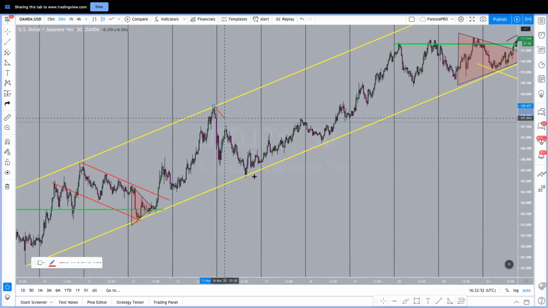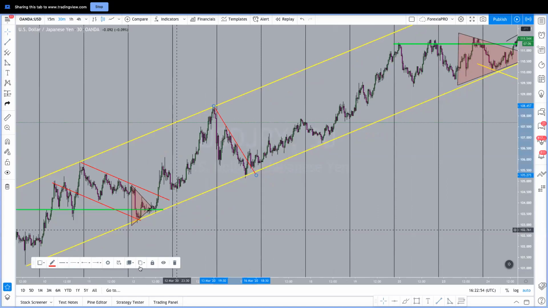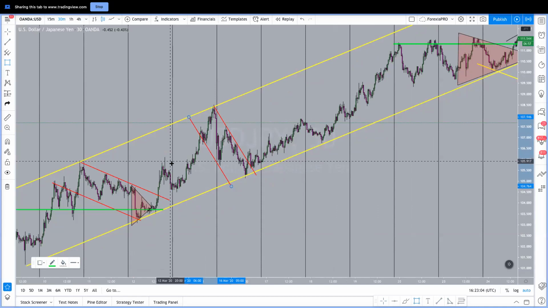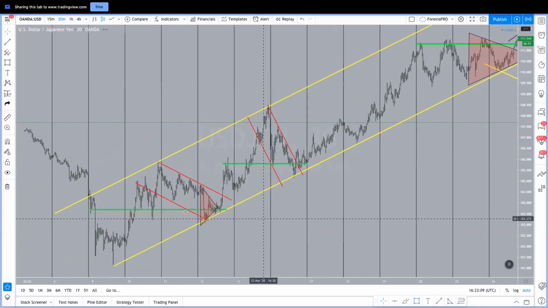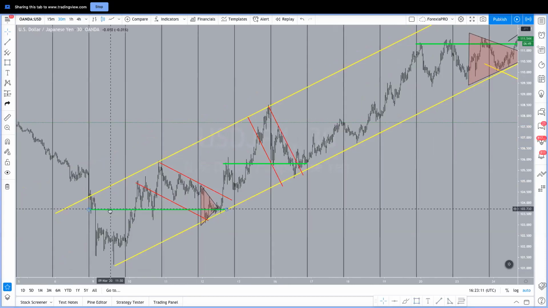And another induction. For every move to the upside, the market has to trap sellers, generate liquidity, and then go for the next one. And if we check these days now, let's see. Okay, this is Monday, Tuesday, Wednesday, Thursday, midweek reversal.